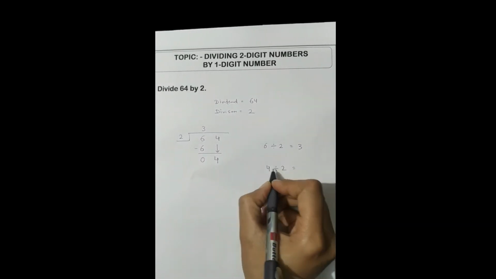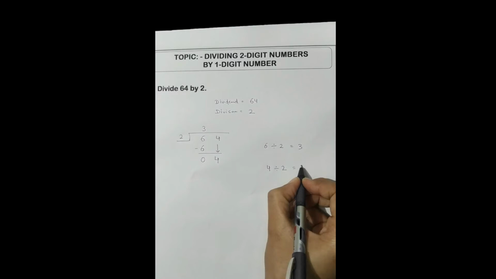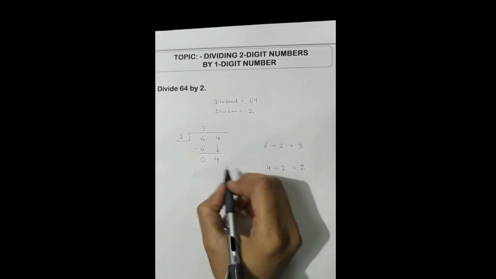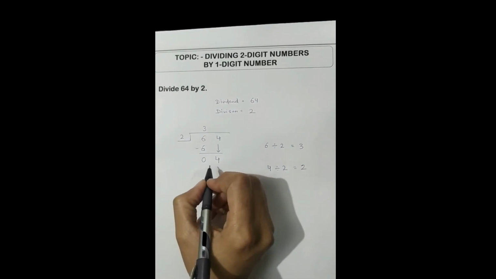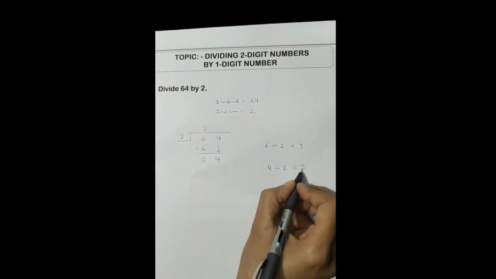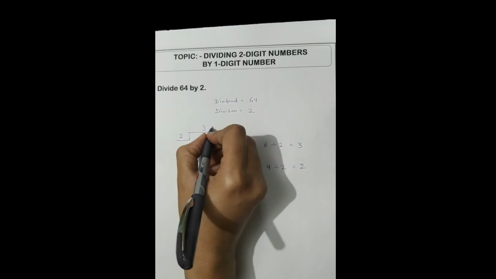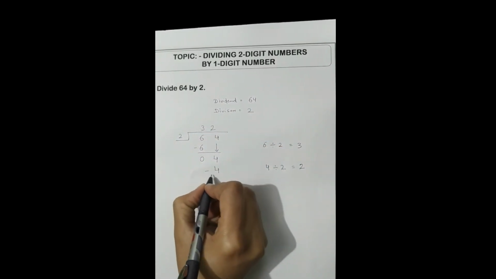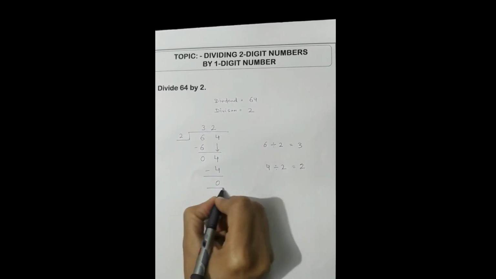In the table of 2, when we multiply 2 by 2, we will get 4. So 4 divided by 2 equals 2. Here you will write 2 as a quotient and 4 here. 4 minus 4, 0.